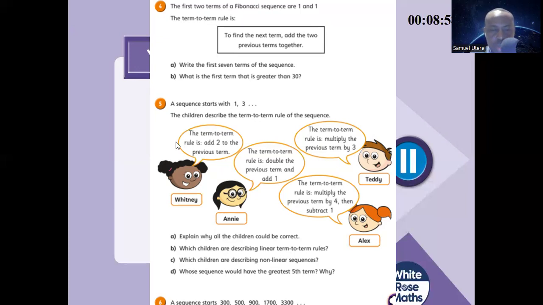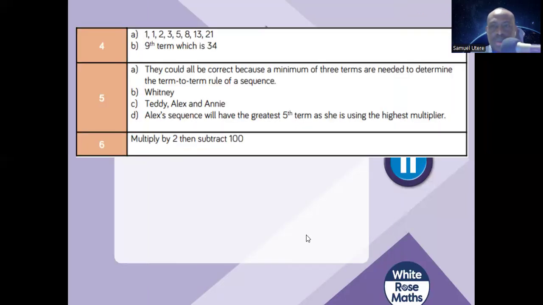It's Whitney. You can see Whitney says the term to term rule is add 2 to the previous term. And then see which children are describing nonlinear sequences. It is Teddy, Alex, and Annie. Why?